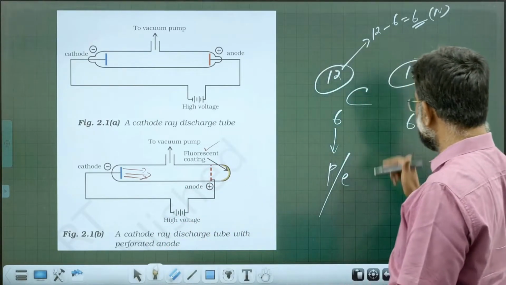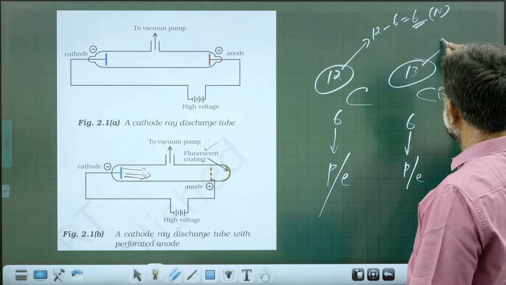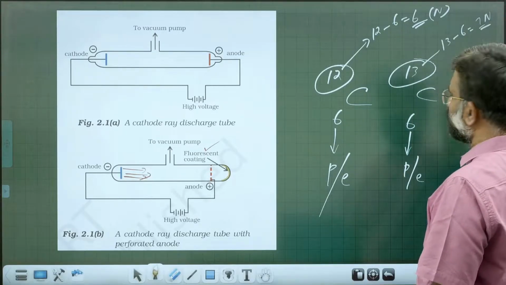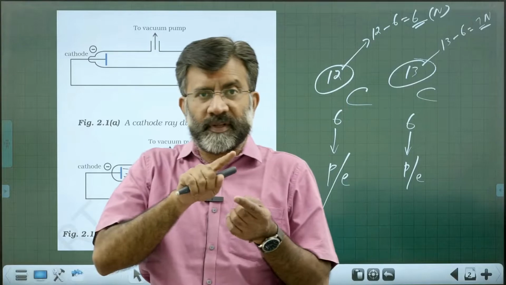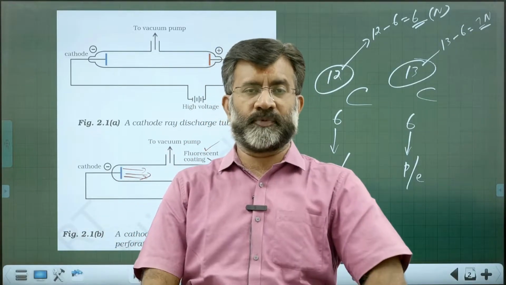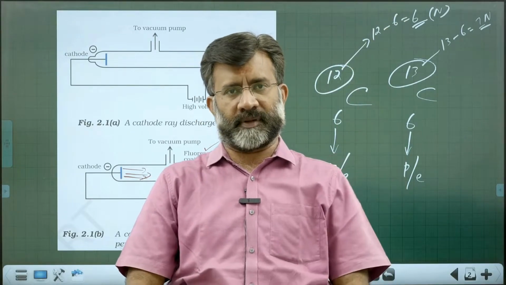What about here? There are 6 protons, 6 electrons, and 13 minus 6, 7 neutrons. So the difference in neutrons leads to isotopes: same element with the same atomic number, different mass number.